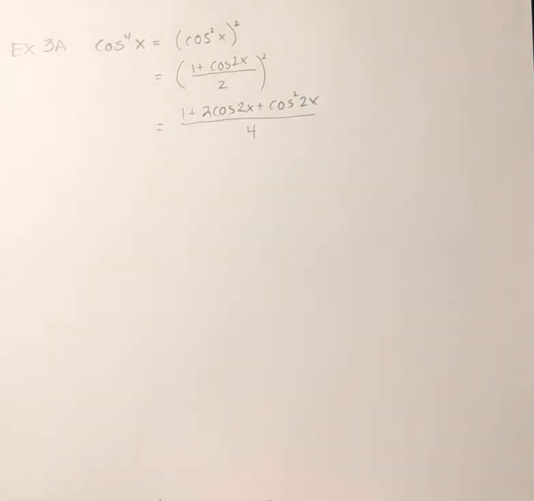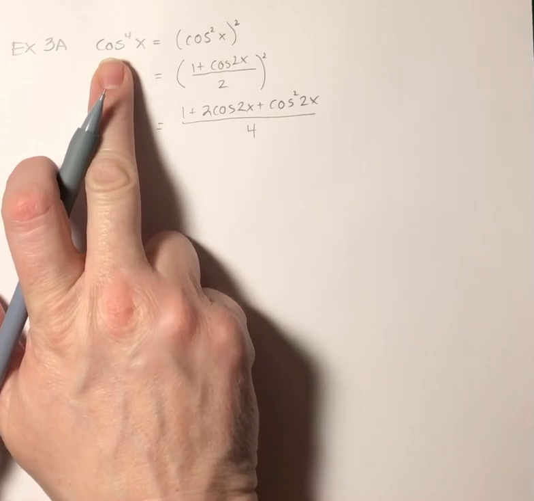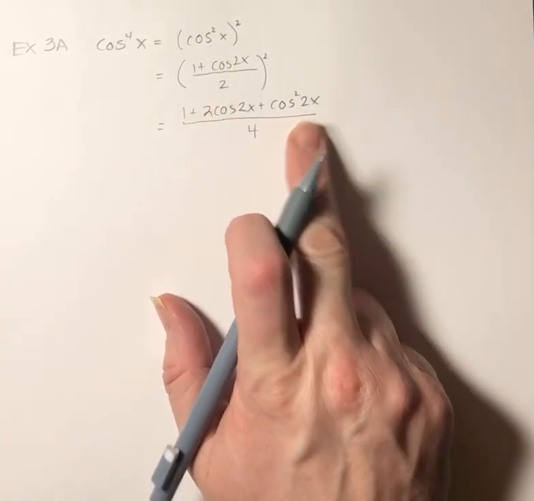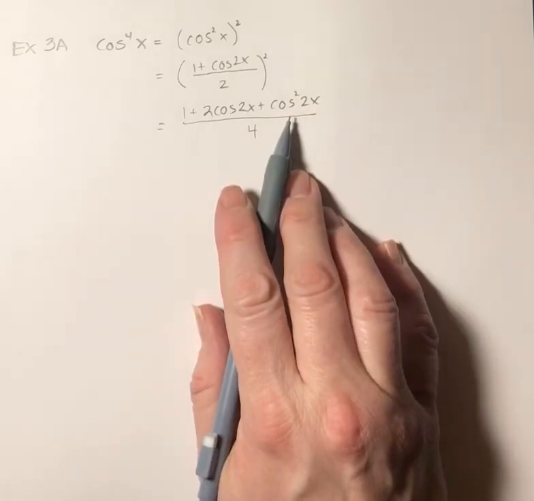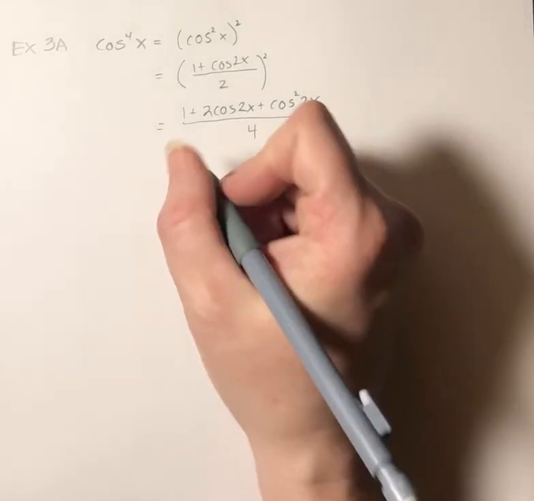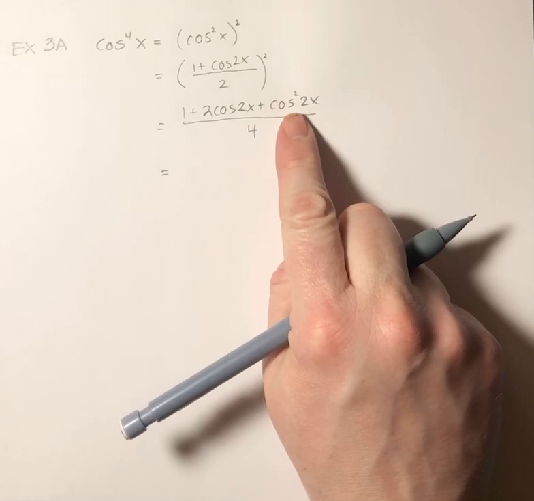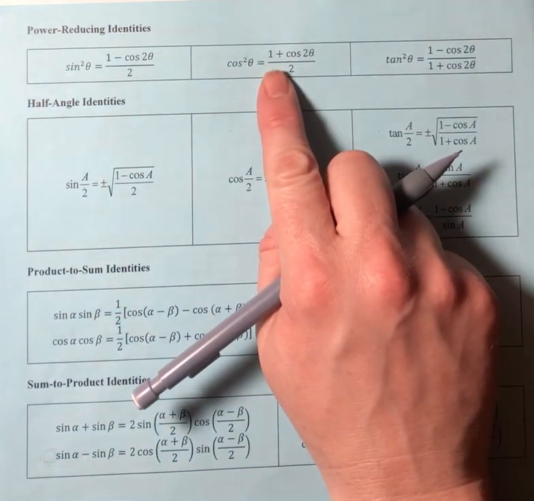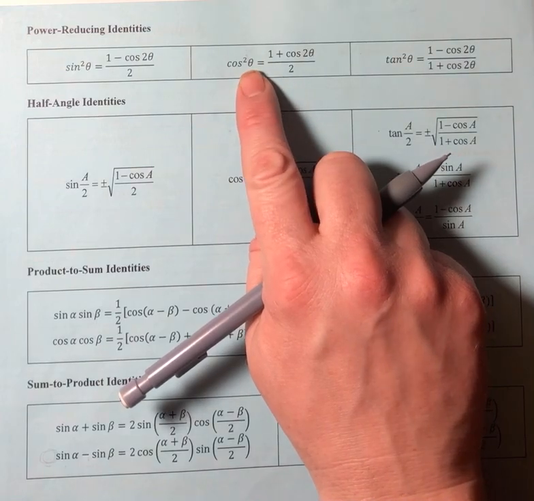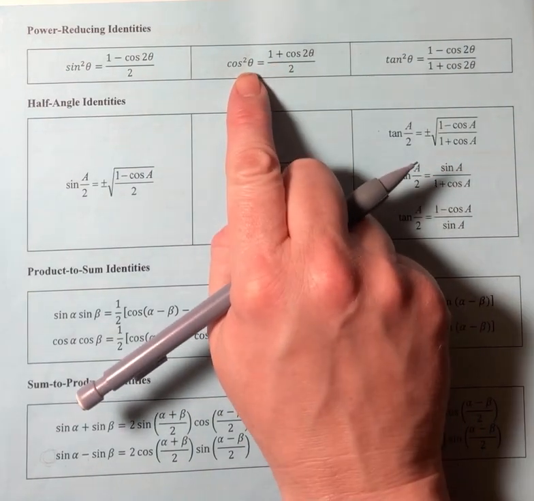All right. Now, depending upon the power that you start with, we could be done. We're not done. They want it with no power greater than 1. So I have to change this again, okay? So again, I'm going to use this identity. Now this one, okay, this is theta.